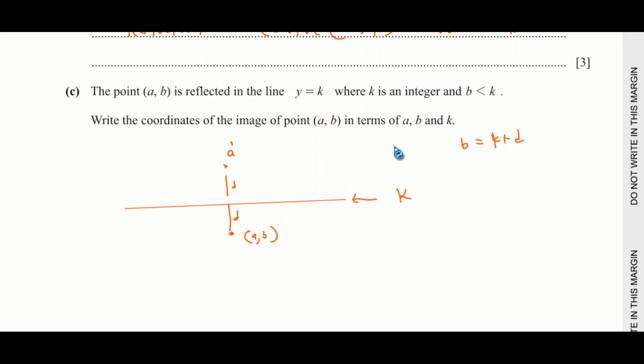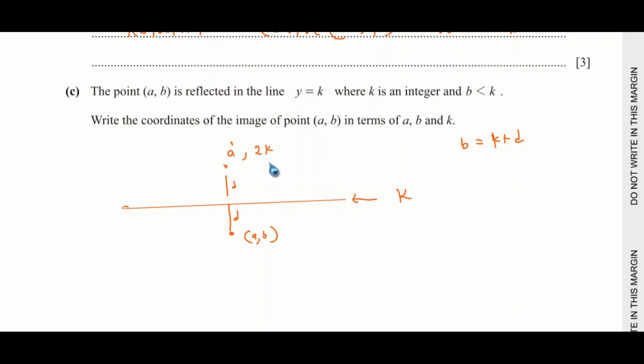Now what you should take note is this: if this is k, then double of k, if you reflect point b through this line, the y value will become 2k.